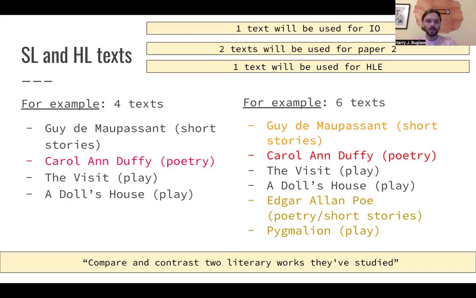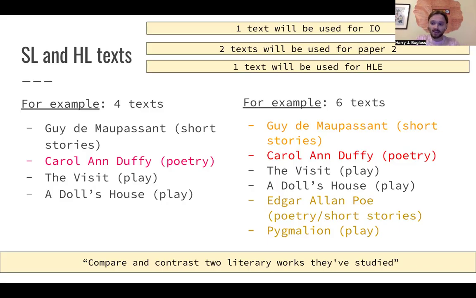However, I would not advise you to choose a random text that appeals to you or stands out, because what we can guarantee, or what your teachers can guarantee you in the text that they deliver, is a certain level of expertise and knowledge as to how we can elevate you to the top bands in paper 2.